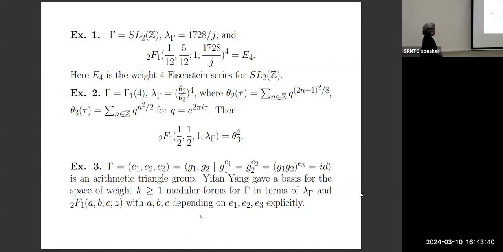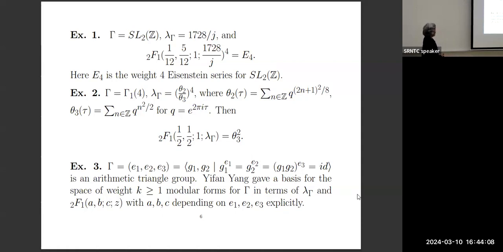The third example is what we call the triangle group. For a triangle group we usually use the notation E1, E2, E3 to denote it. That means this group has 2 generators. The first generator has order E1, the second generator has order E2, and the product has order E3. Those are the only relations among them.